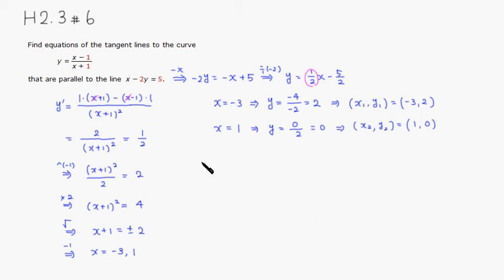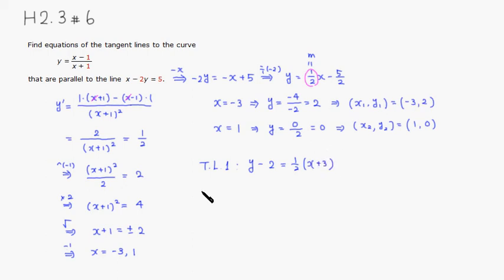So tangent line 1, the equation is going to be y minus y1, which is 2, is equal to the slope, which is 1/2, times x minus negative 3, so x plus 3.